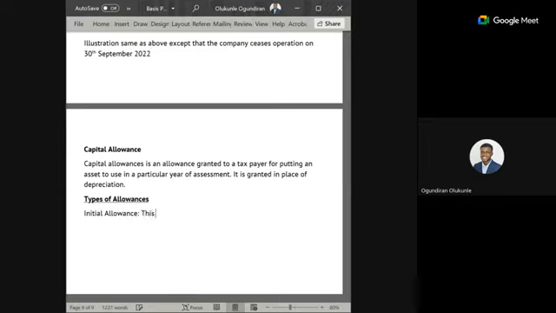This is an allowance granted to a taxpayer in the first year an asset is put to use. Does it make sense?